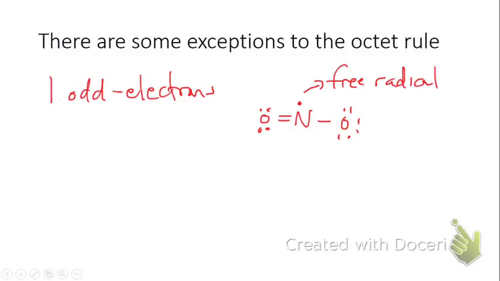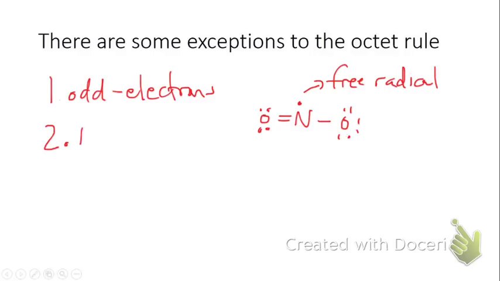Whenever you have 1 electron on an element in a compound, it's known as a free radical. And so this free radical is very reactive because it wants to pair up with its electron. So odd electrons, I will not probably give you odd electron species on an exam or a quiz, just because sometimes they're just really strange.